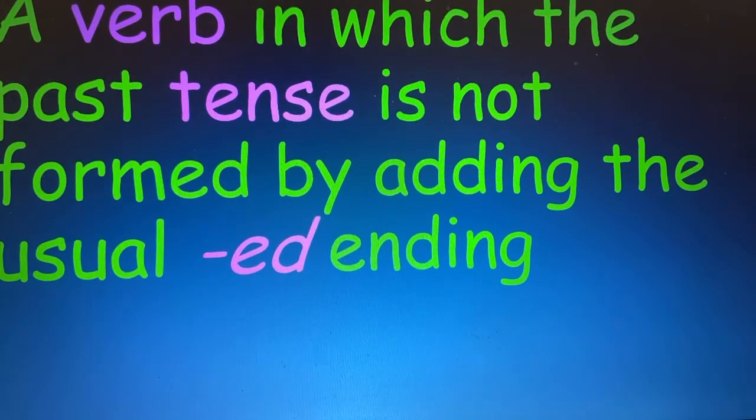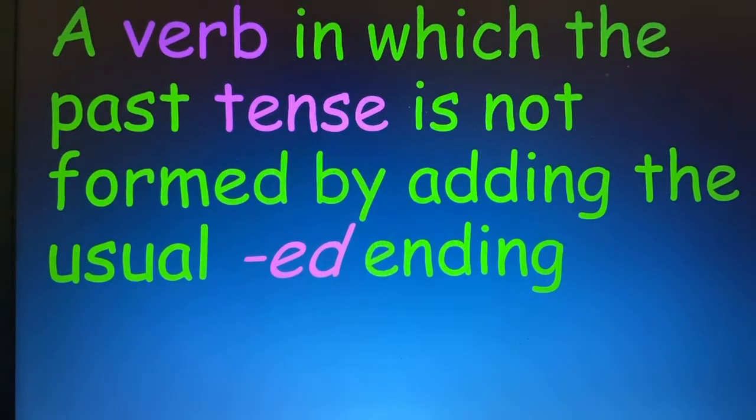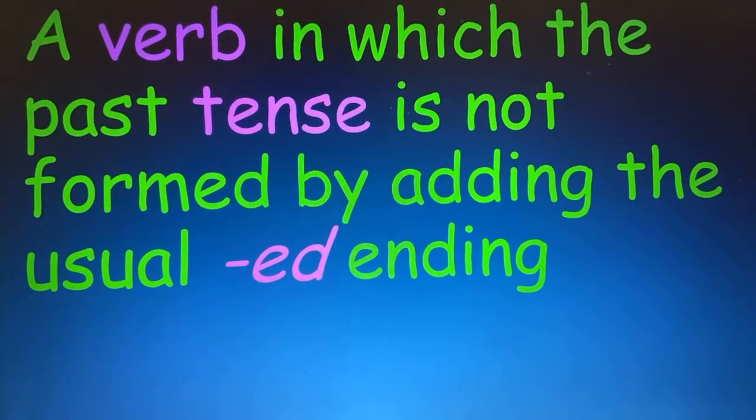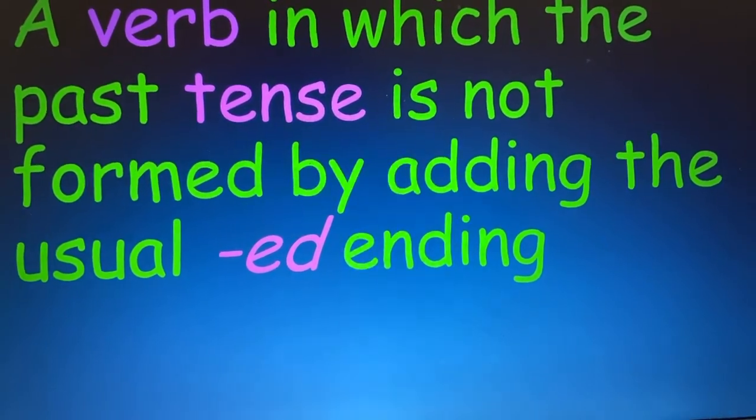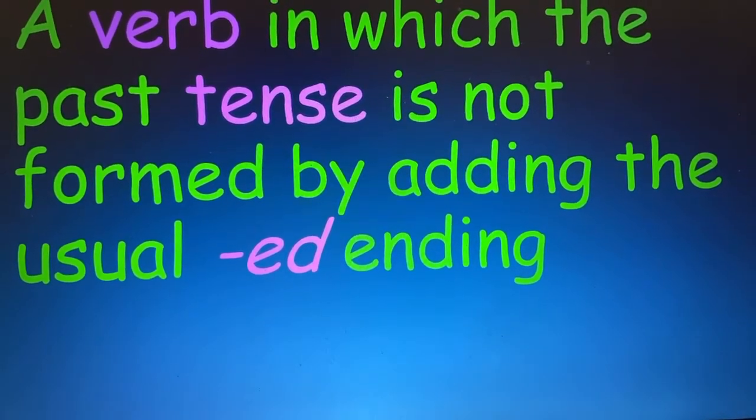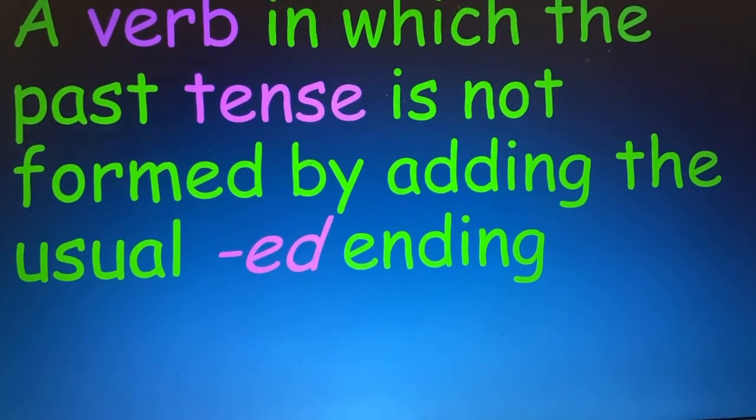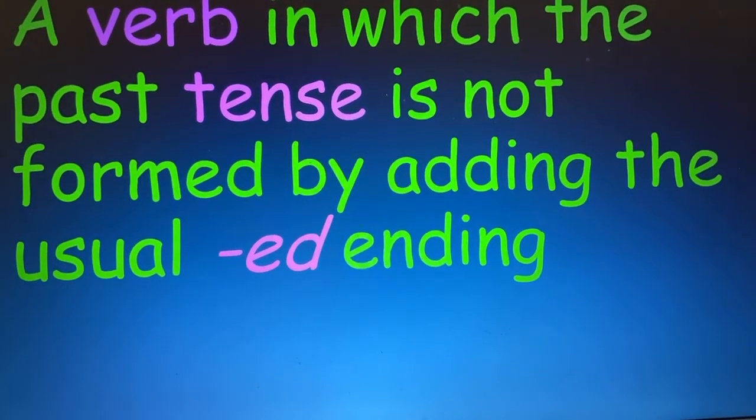So the irregular verb is the verb when we change it into the past form, we don't add ed, but the whole verb changes. One more time: a verb in which the past tense is not formed by adding the usual ed ending. We don't add ed.